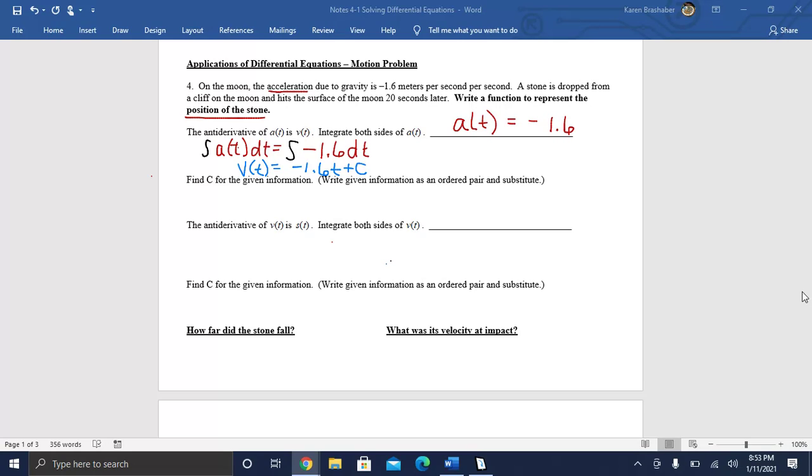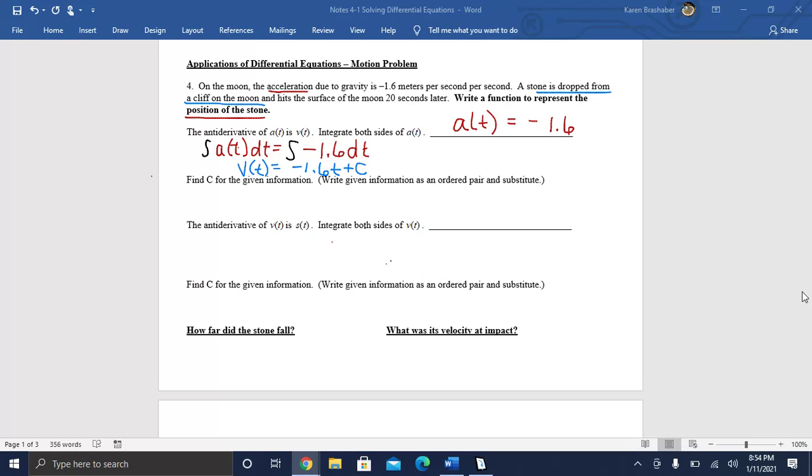Now, you're given information. It says that the stone is dropped from a cliff that's on the moon. And so we want to think about where we are with this.